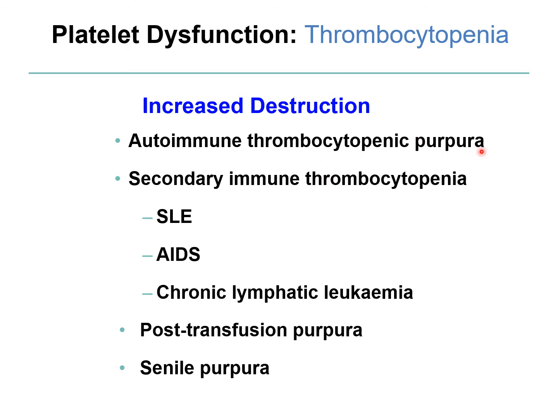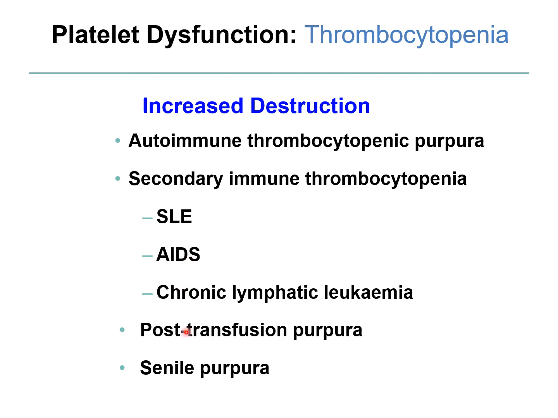The term purpura basically means purplish discoloration of the skin due to bleeding underneath the skin or mucosa. So that's the commonest one. Secondary immune-mediated damage to the platelets can also be observed in systemic lupus erythematosus, HIV infection, and chronic lymphatic leukemia.